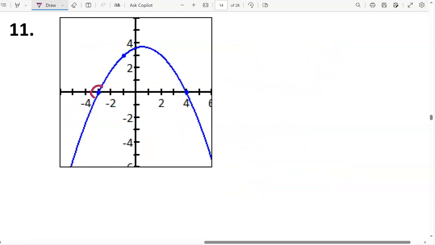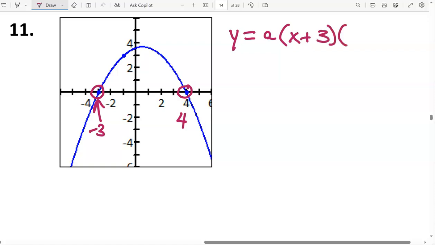In 11, the most appropriate form is factored form since x-intercepts are given at negative 3 and positive 4. So the equation in factored form is y is equal to a times (x minus negative 3) times (x minus 4). And so we can use our extra point, which has coordinates (-1, 3), and replace y with 3 in the equation and x with negative 1.